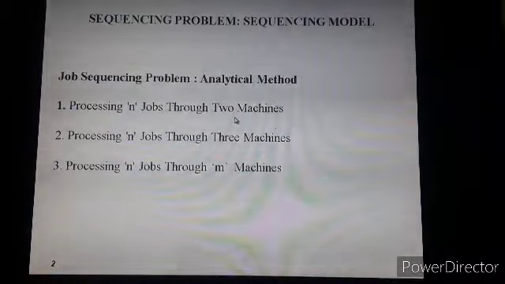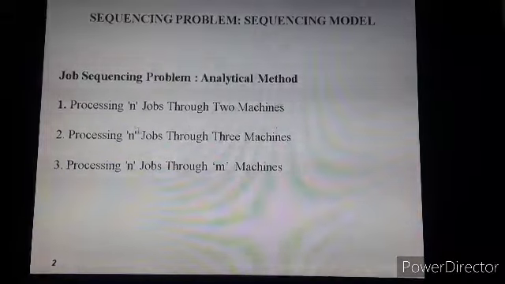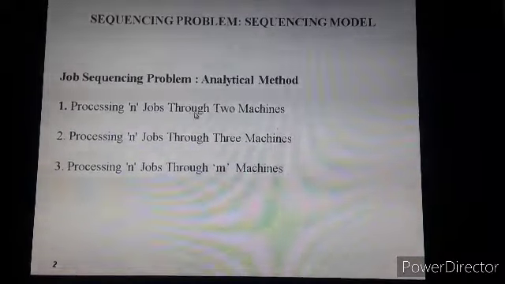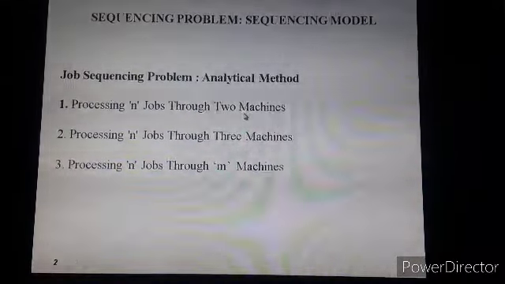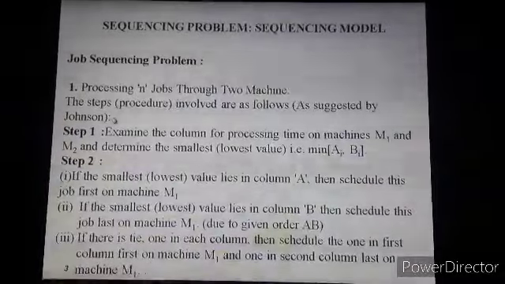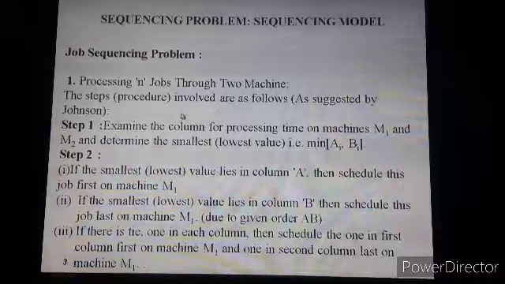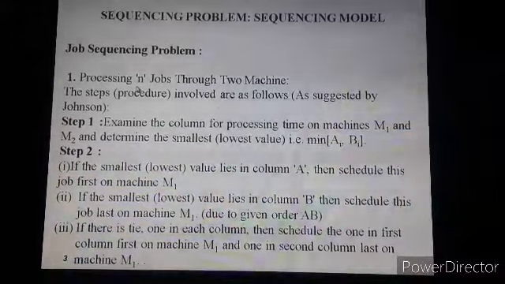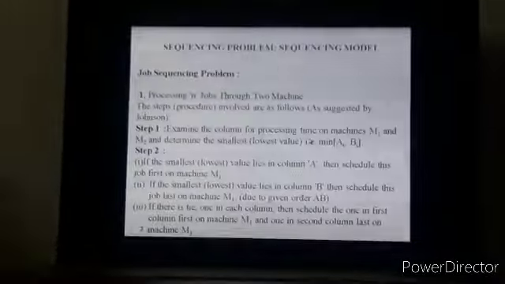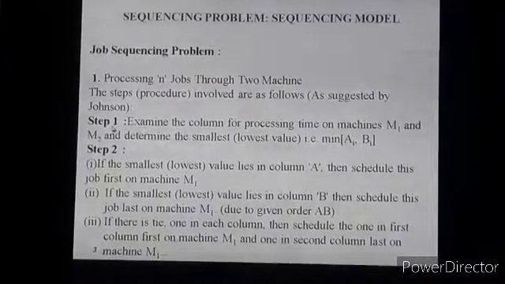Let us discuss the various steps of sequencing of n jobs on 2 machines first. Johnson has suggested a certain procedure for sequencing of n jobs on 2 machines. Let us discuss these steps, and then we'll refer to them for solving the numericals.